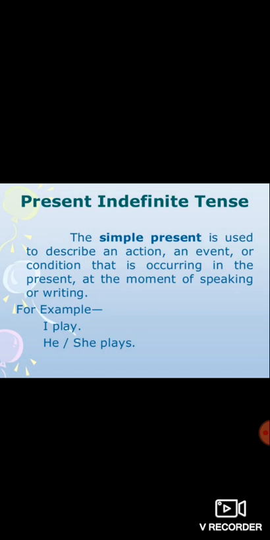So here it is given that the present tense is used to describe an action that is occurring in the present, at the moment when the speaker is speaking or writing. For example, like I play, he, she plays.